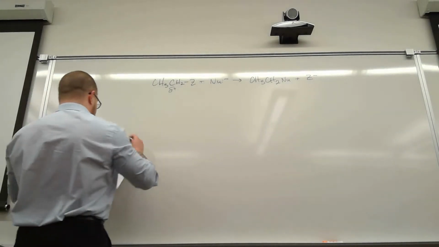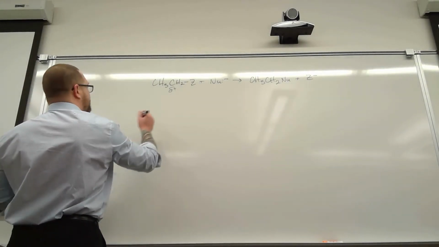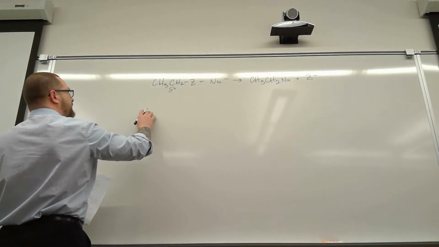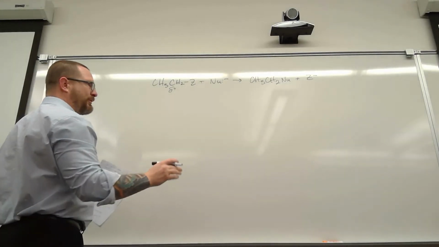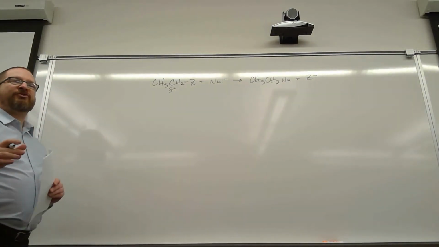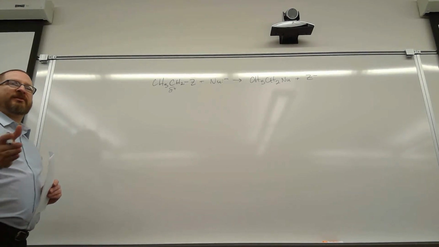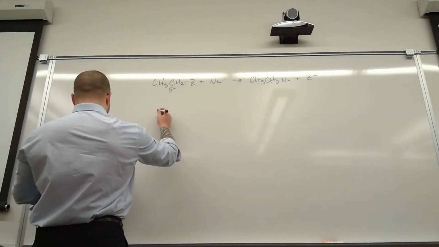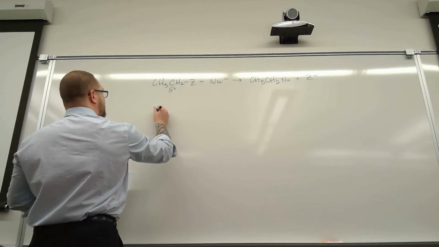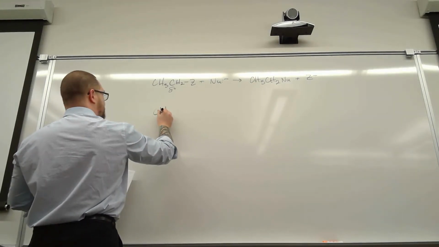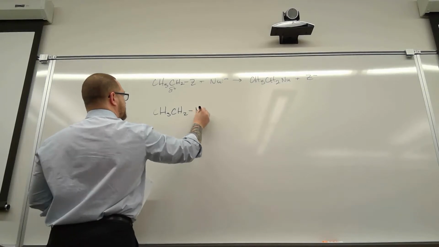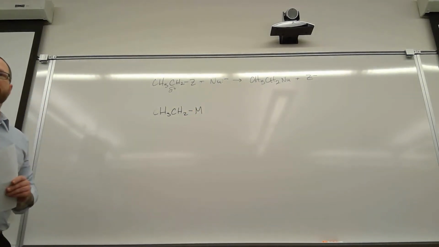To make a carbon act as the nucleophile, you need to bind something to the carbon which pushes the electrons towards the carbon. So in other words, something that's less electronegative. We do that by putting a metal on the carbon.